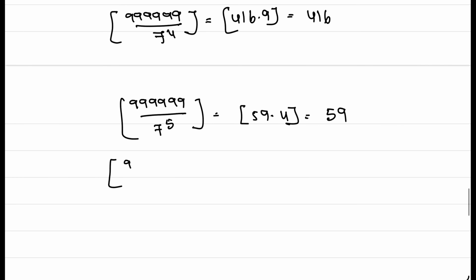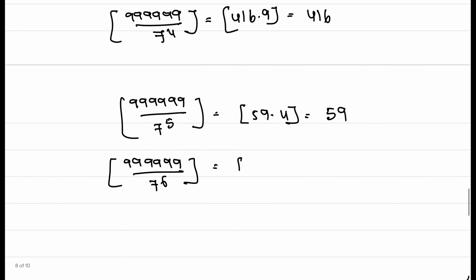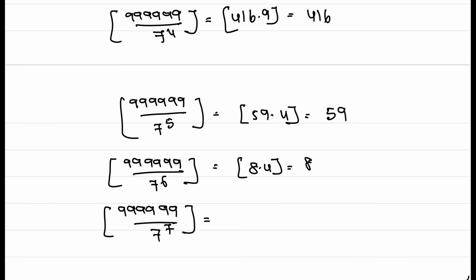Next 999999 by 7 to the power of 6 is equal to 8.4. Greatest integer, that is equal to 8. Then next is 999999 by 7 to the power of 7 is equal to 1.2.